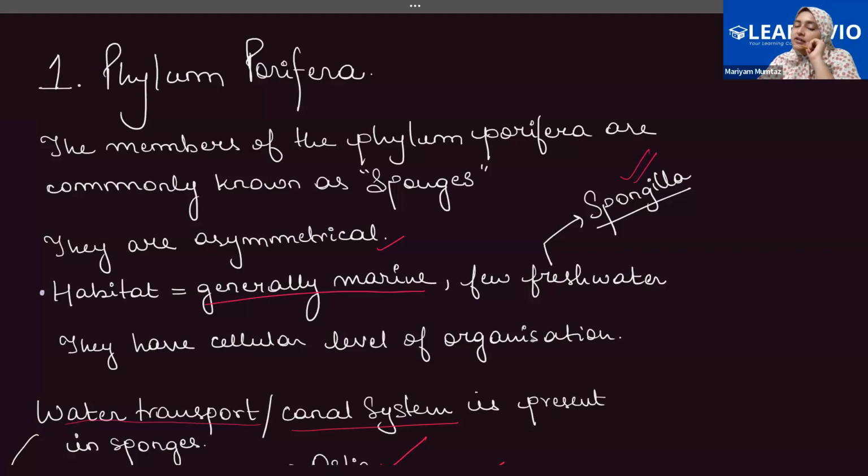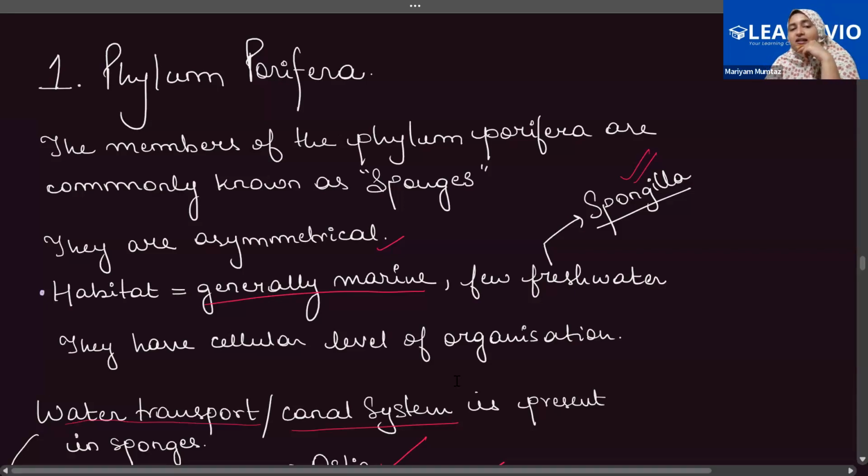You understand the difference between marine and freshwater? Everyone understands? Some members of the phylum Porifera are freshwater dwellers, such as Spongilla, which is a freshwater sponge. All the rest of the sponges are marine sponges.